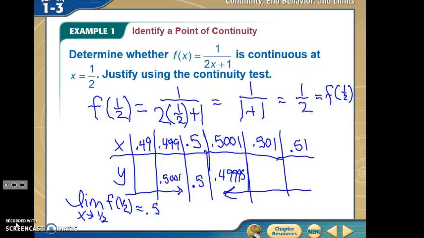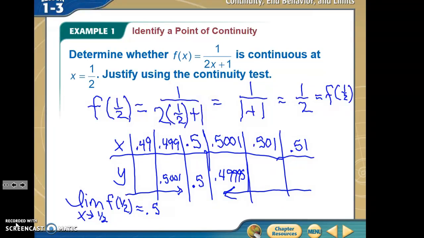All right, so we've done the first step by evaluating. We've done our second step by finding our limit. So now our last step is to compare. Does our limit equal the value when we evaluated? Does our limit of f at 1/2 equal what we evaluated it to be?